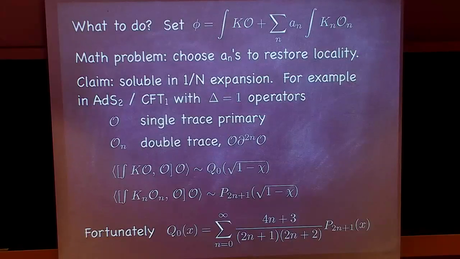Yeah, that's true. Let's see. I think checking locality with all of your boundary operators is probably enough to guarantee that you've got locality even for two points in the bulk. I don't immediately see that argument. I'd like to see it if everybody understands that it's true.